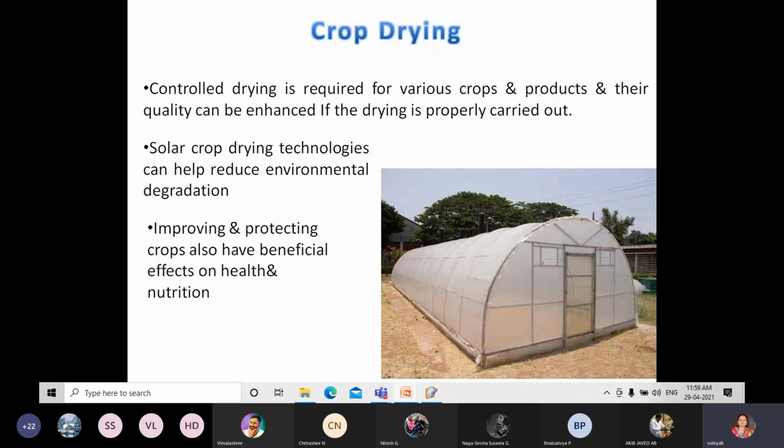Other methods can damage the environment. This crop drying is environment friendly. Okay, next, improving and protecting crops also has a beneficial effect on health and nutrition.